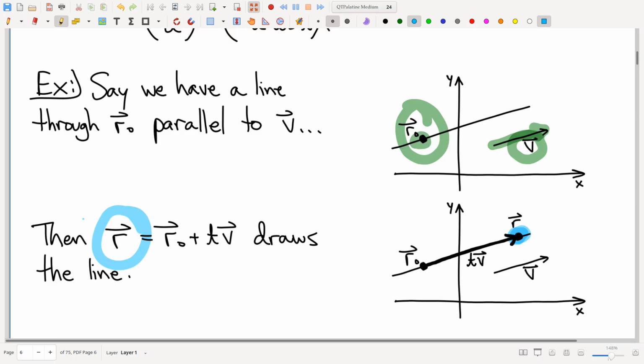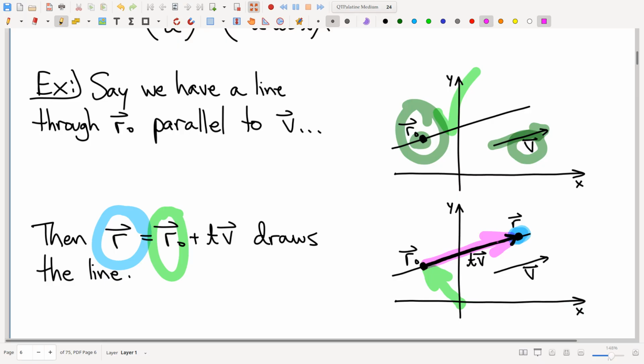And here's the easy observation. R0 is given. And then this vector here is clearly a multiple of this given vector, right? Because by assumption, this vector is parallel to the line.